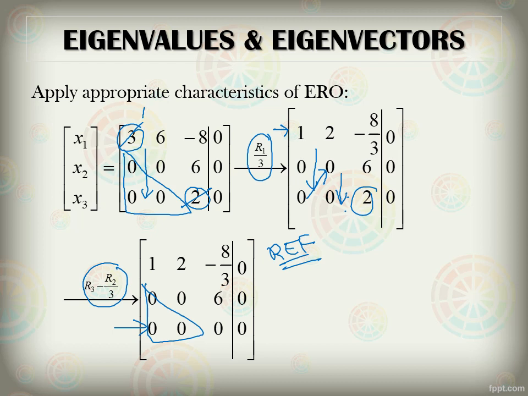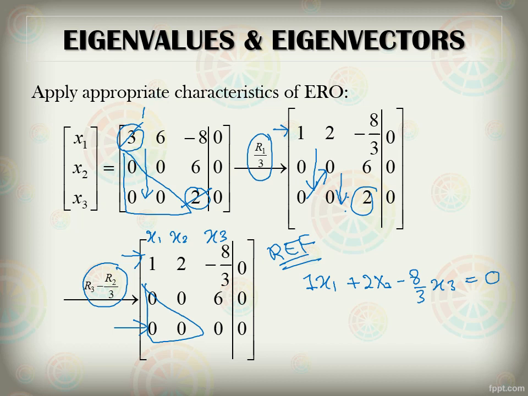Alright, and now what you need to do is rewrite this back to linear equations. Remember this is the column for x1, x2, x3. So from the first row here, you have 1x1 plus 2x2 minus 8 over 3 x3 equal to 0, because this is 0.